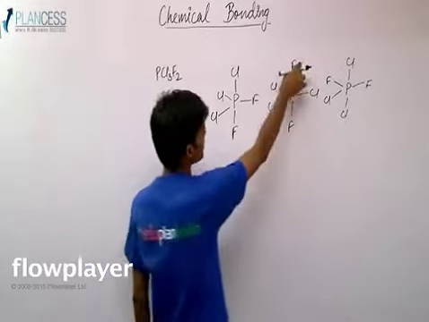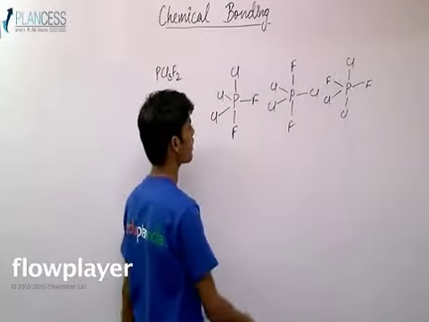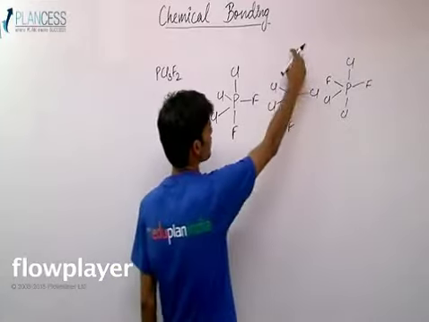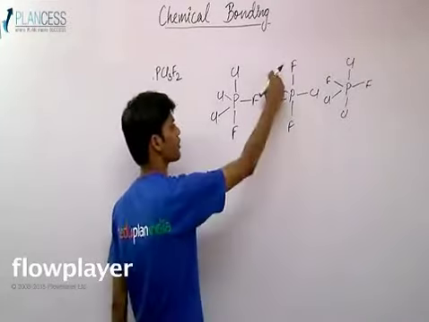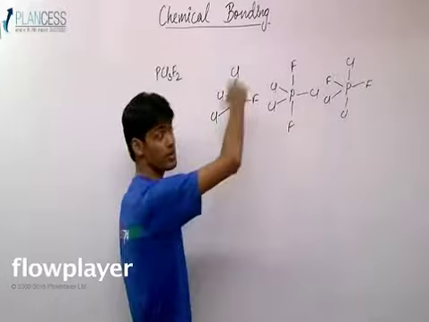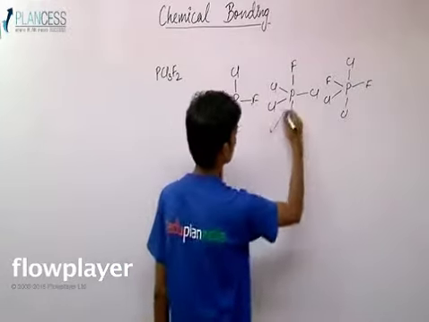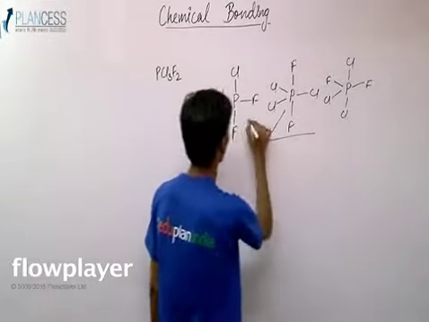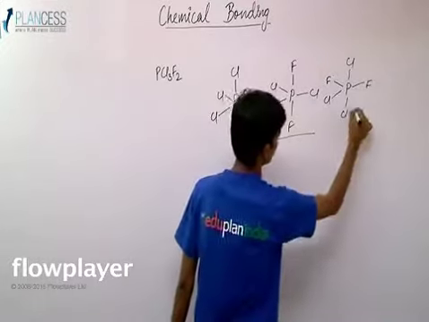We know that the electronegativity of fluorine is 4 on the Pauling scale, and of chlorine is 3. That is, fluorine is more electronegative as compared to chlorine. Therefore, fluorine should be at the axial position. So both fluorines should be at the axial position in this case. So this is the correct structure, and this structure is not correct.